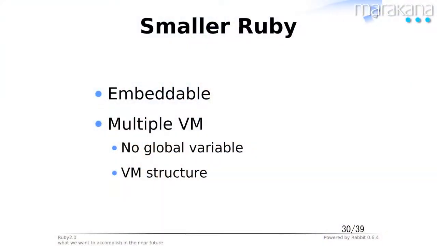And we would like to allow multiple VMs in the process, so that there are no global variables and we have a VM structure for each virtual machine, so that you can assign an independent virtual machine to each thread, so that the threads in the process can run without interfering.